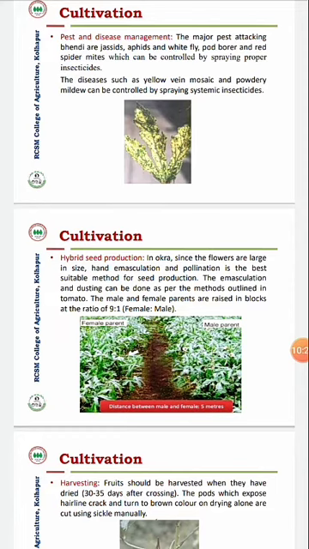Generally the flower size of okra is bigger, and that's why the emasculation and pollination takes place easily. So most of the breeders use these emasculation and pollination methods, but GMS and CGMS lines are also available for the development of hybrids.